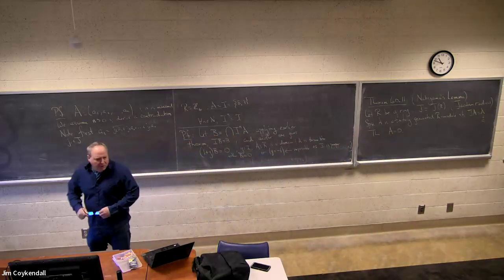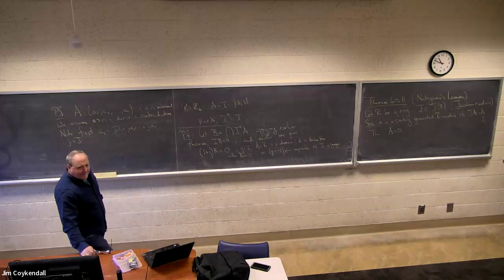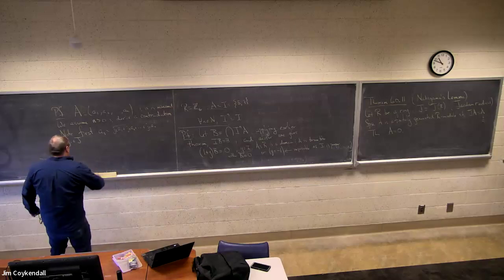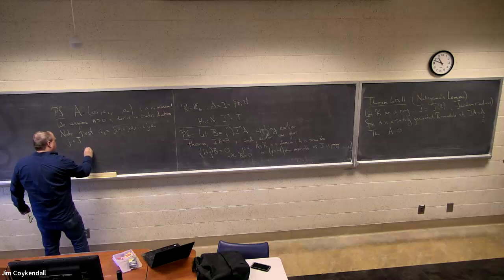Does anybody see where we might be going with this? We can move over J1 A1 to the other side. Okay, so let me rewrite this.